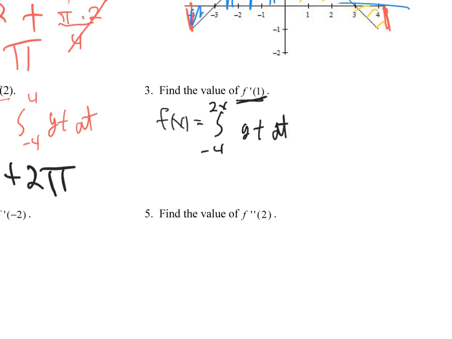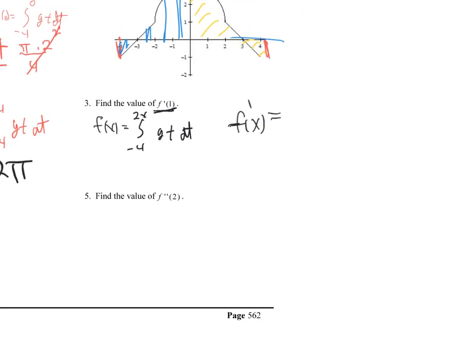F prime of x, let me write that out first, would be that secret shortcut, g of 2x times the derivative of the upper limit, times 2.